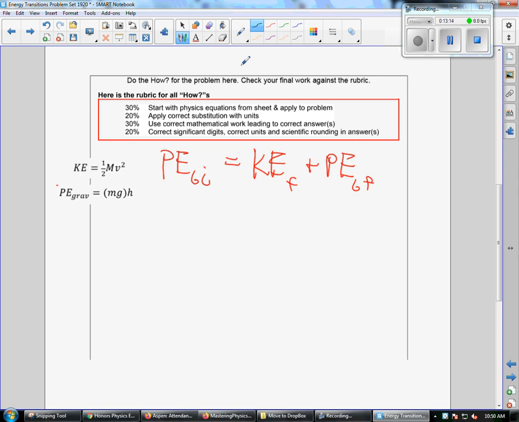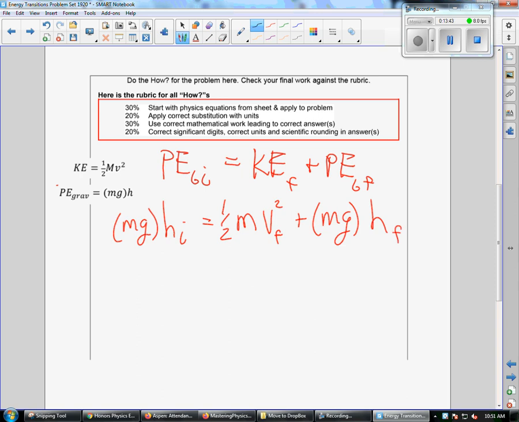And now, let's see. So, the weight, my apple, times the height initial equals 1/2 the mass times the speed final plus the weight times the height final.